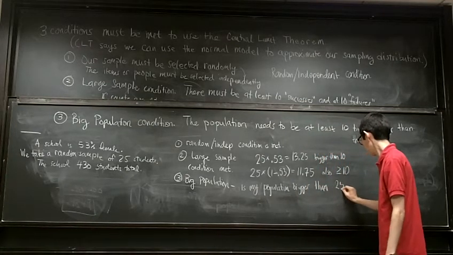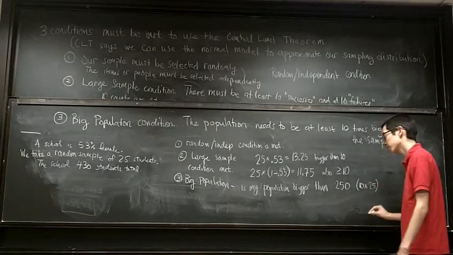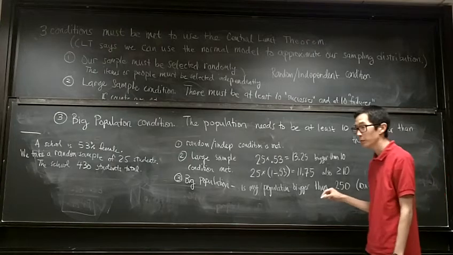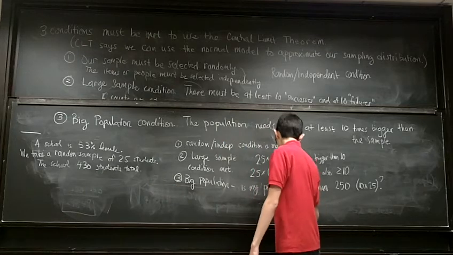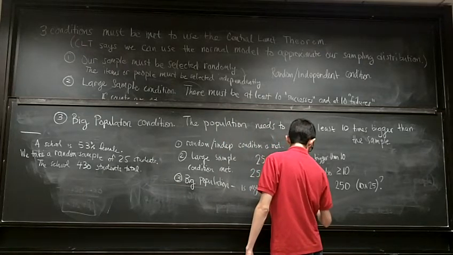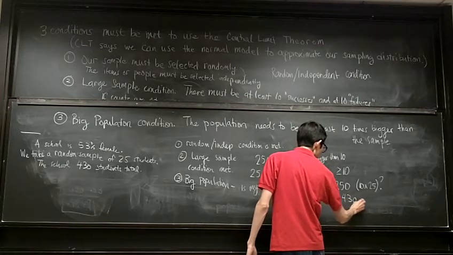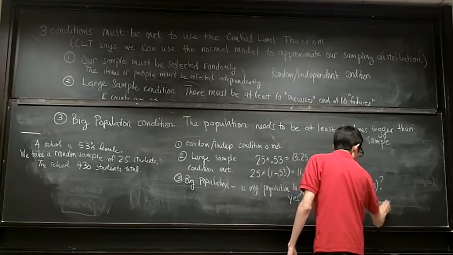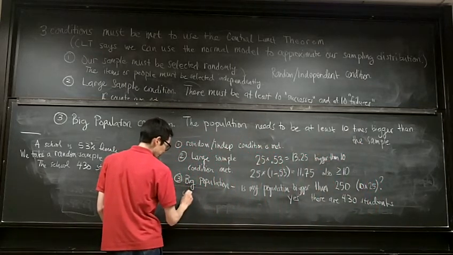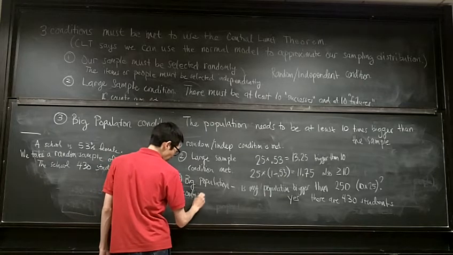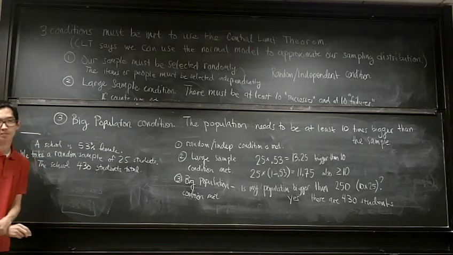My population is how big? 430 students. So the answer is yes. There are 430 students. So the big population condition is met. So all three conditions are met.